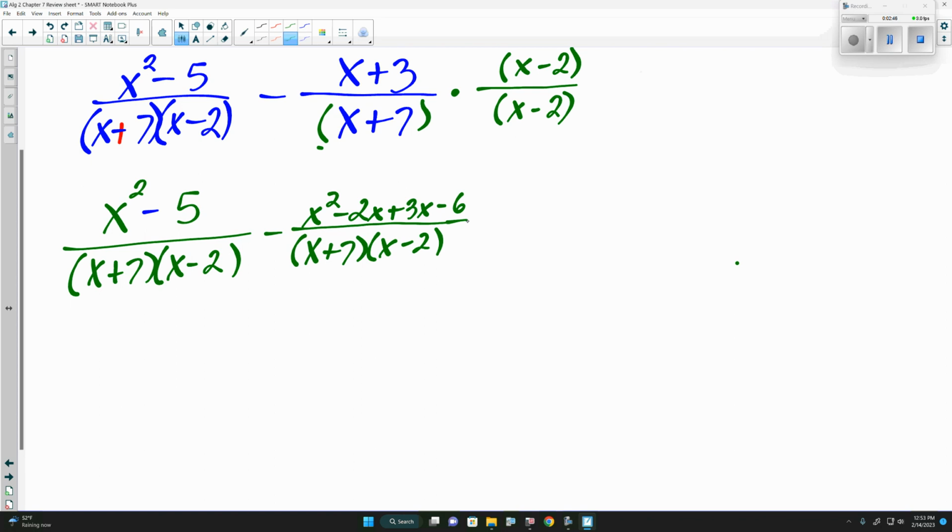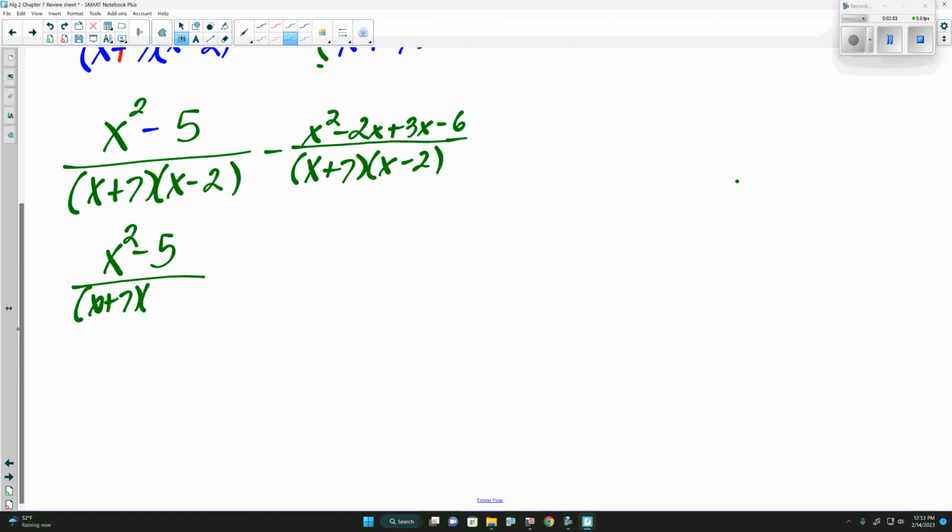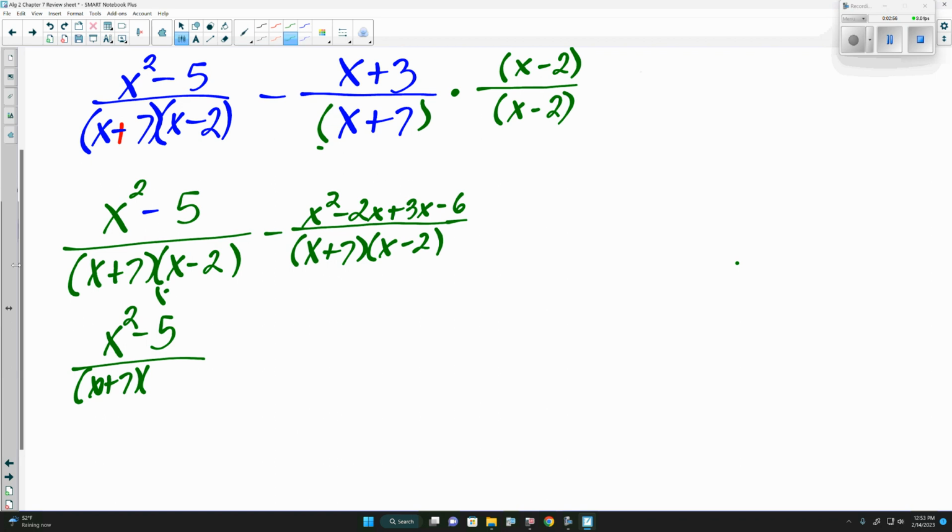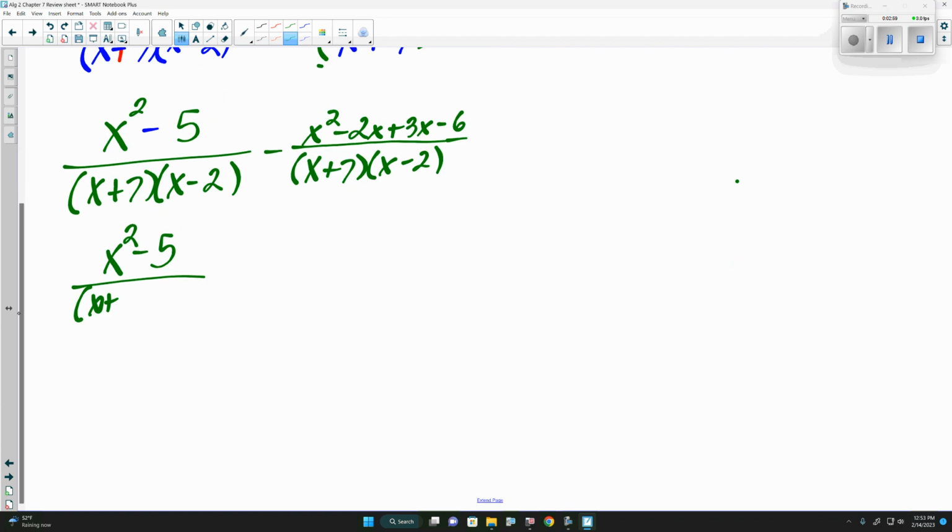Now at this point, we can combine like terms in our second numerator. So our numerator of our second will have x squared, negative 2x plus 3x is going to be plus x, minus 6. So we combine like terms. And once we have everything simplified in the two numerators, we can go on and subtract.